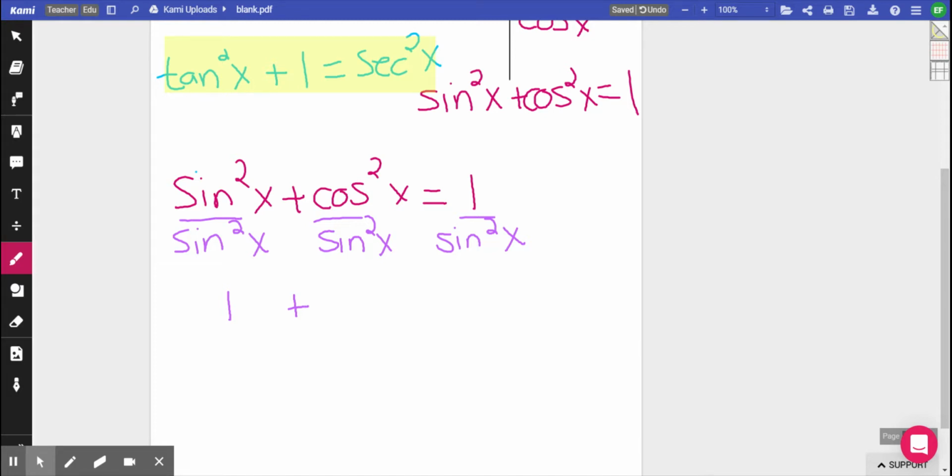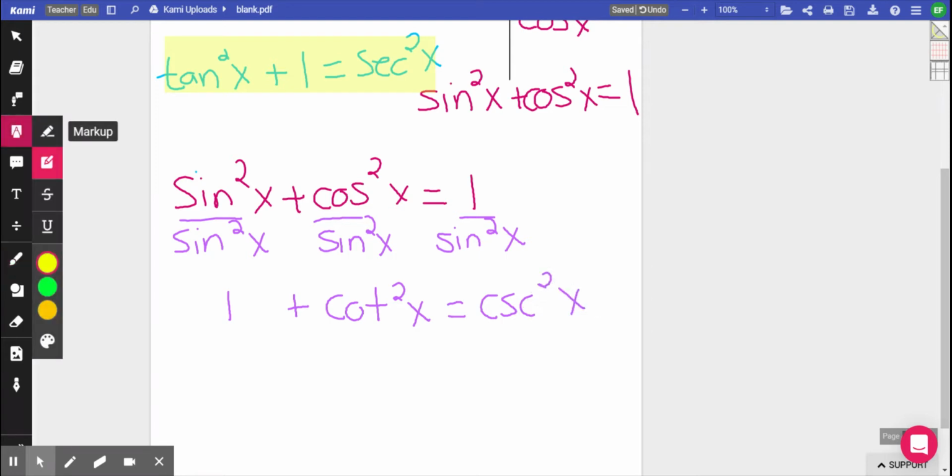So cosine squared x divided by sine squared x is going to be cotangent squared x. And then 1 over sine squared x is again just asking you for the reciprocal of sine, which is going to be our cosecant. So 1 over sine squared x is going to be cosecant squared x. So let's highlight that one.